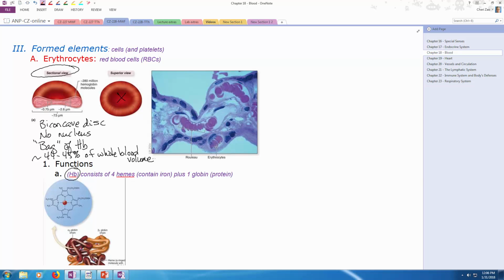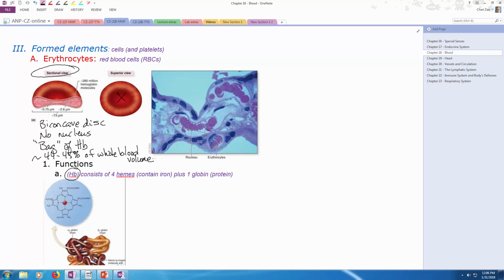Our picture off to the right is showing you that we find red blood cells everywhere because we need blood everywhere. However, remember, red blood cells, or our blood, is confined in a closed system. And so what we see here is a bunch of red blood cells that when they stack up, it's got a technical term called rouleau.